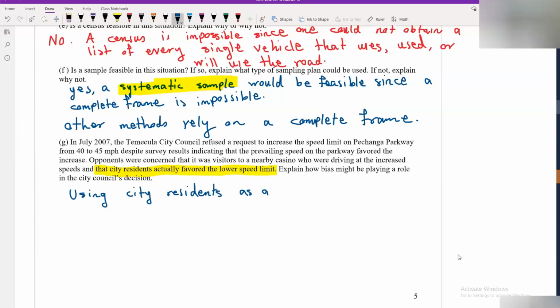The point is that their decision was to increase the speed limit from 40 to 45. But later we see that city residents actually favor the lower speed limit. So how is this possible? How can they increase it when they favor a lower speed limit? They may have asked other people, not these residents, using city residents as a sample.